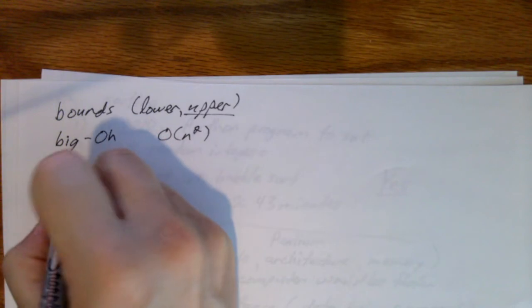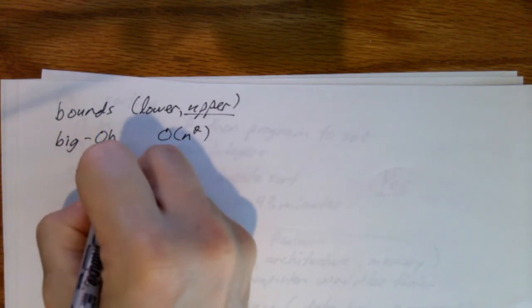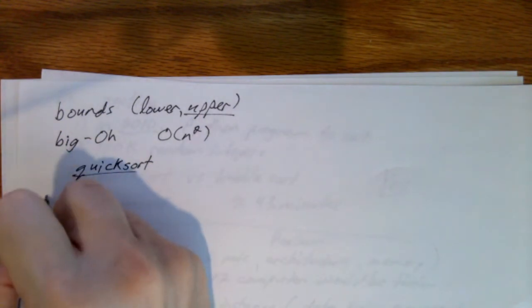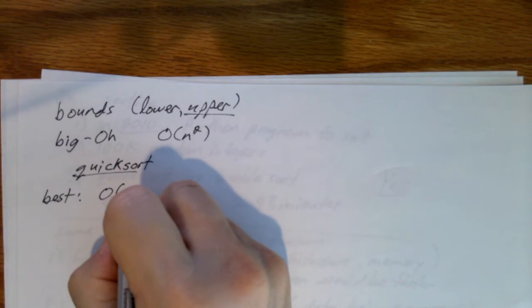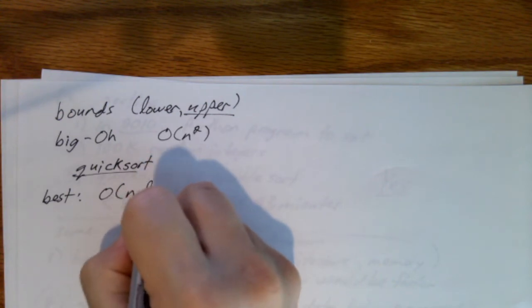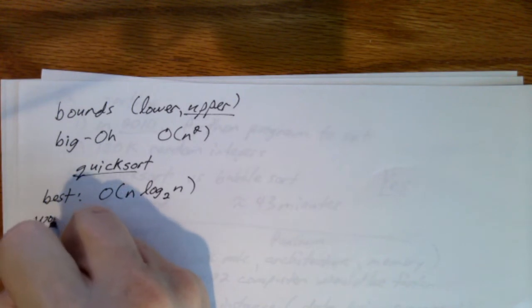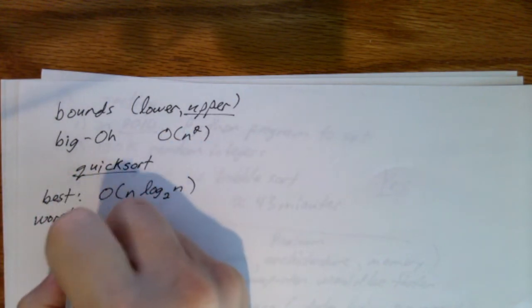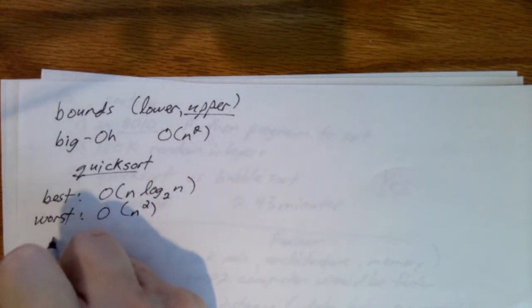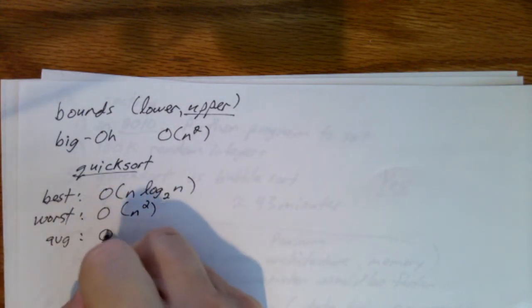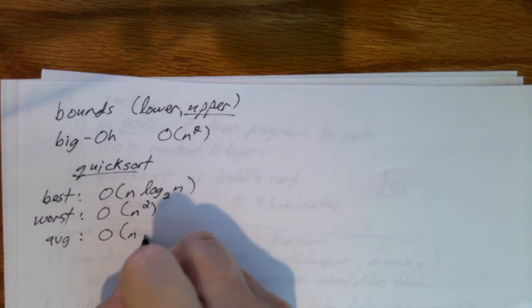Okay? So for quicksort, the best case scenario has a big O of n log base 2 of n. Its worst case scenario is big O of n squared, and the average case scenario is big O of n log base 2 of n.